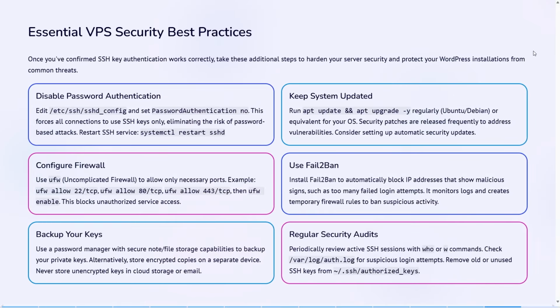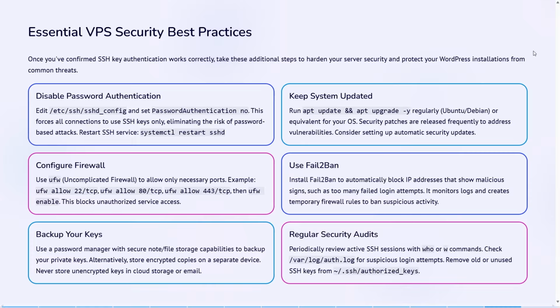So these are some additional security best practices that you can follow after creating your VPS to make it more secure. The first one is that you disable password authentication and always keep your system updated. And you have UFW, uncomplicated firewall, on Ubuntu or Linux machines. So only allow the ports that are needed.